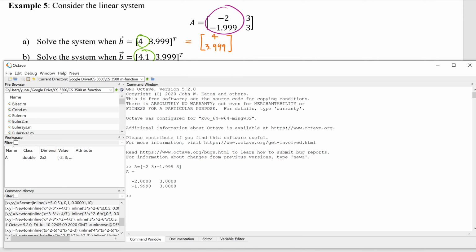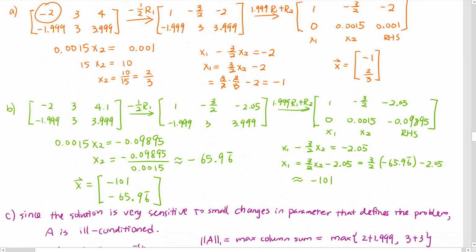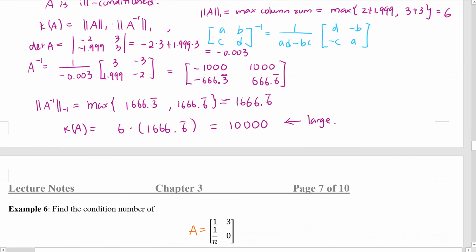If we use L1 norm to compute, then we do norm of A1 times norm of the inverse of A1. We get 10,000. That is what we had before, right?